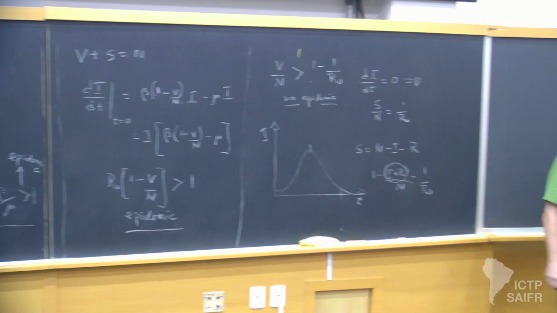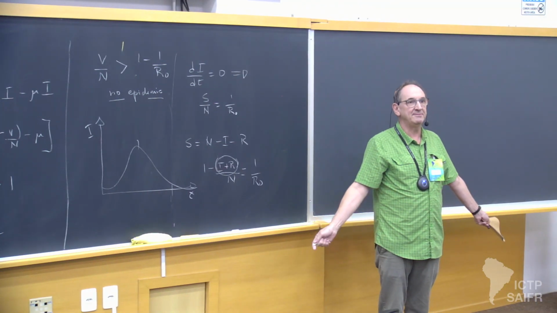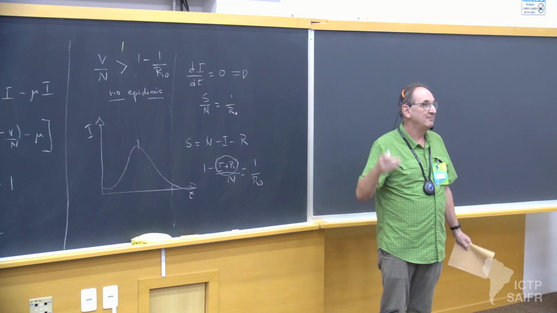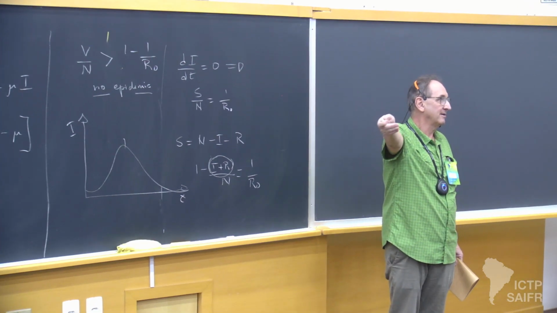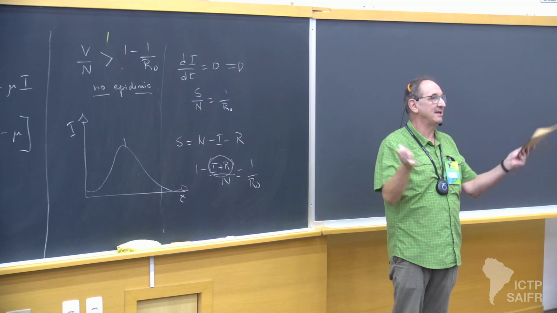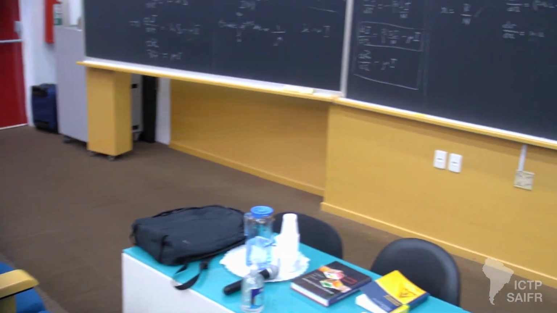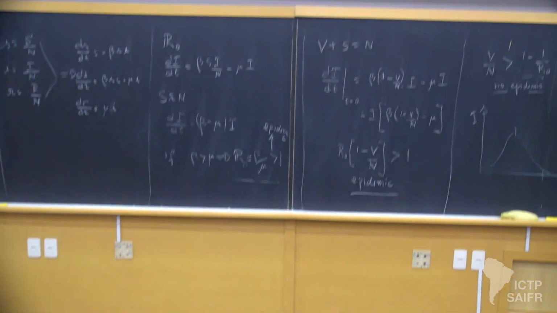I plus R is everybody that has been infected, okay? The people that are infectious now, plus the recovered. That's the total size of the population that has been infected. That's the number of infections. Therefore, the number of infections at the peak is exactly what? 1 minus 1 over R0. Which happens to be the same expression as here. Okay?